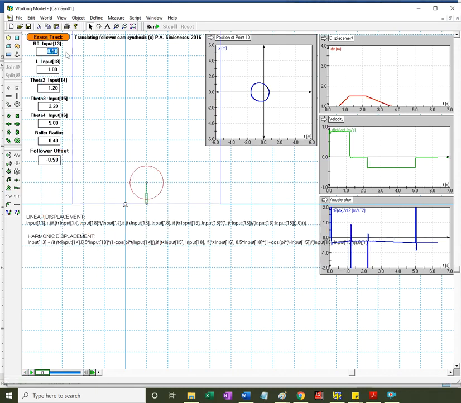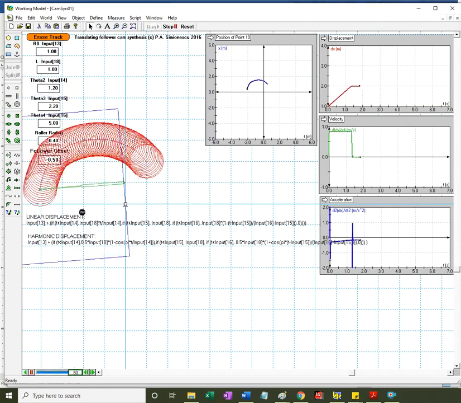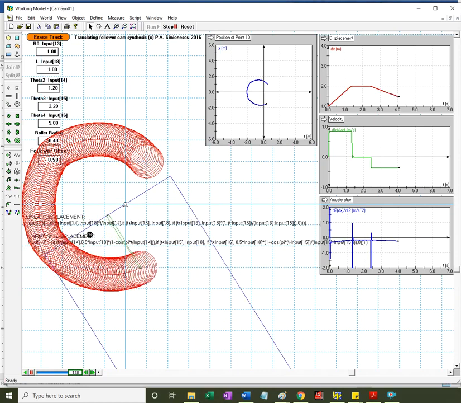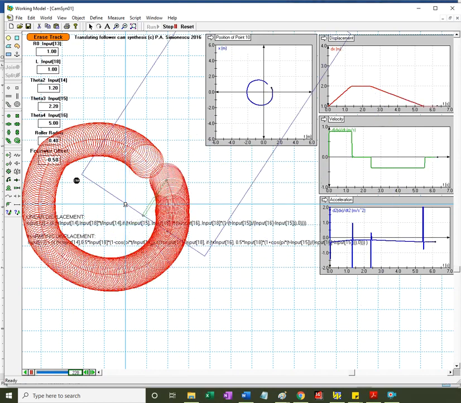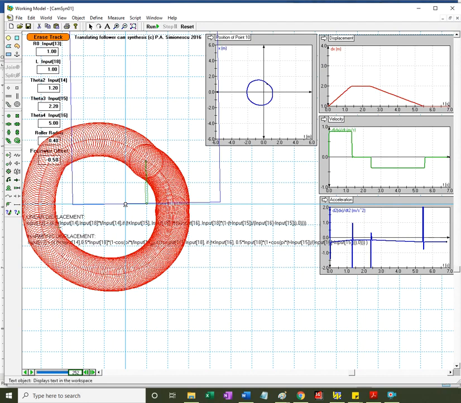Okay, so let's go back to 1 and run it one more time, and you can tell where the events happen. So here's the end of the lift, and this would be the beginning of the return, right?